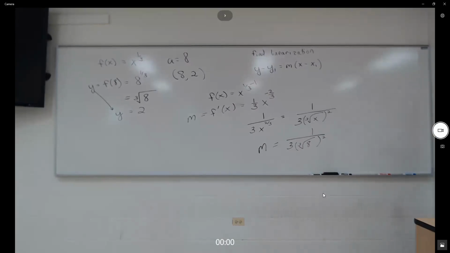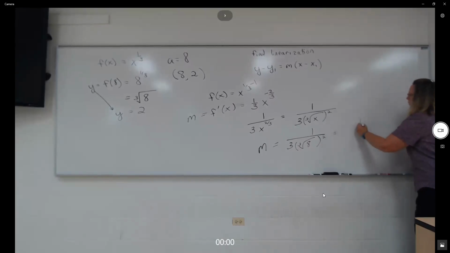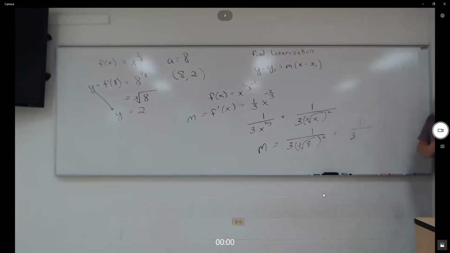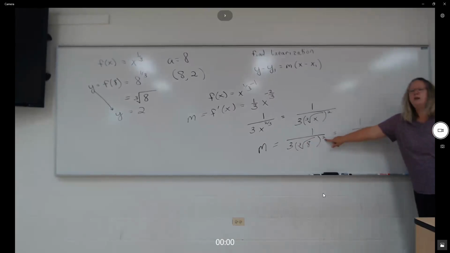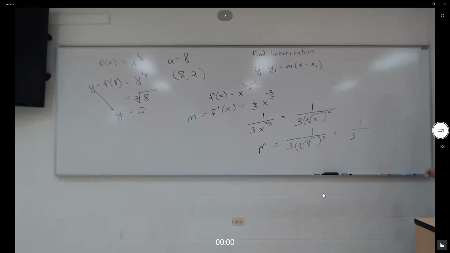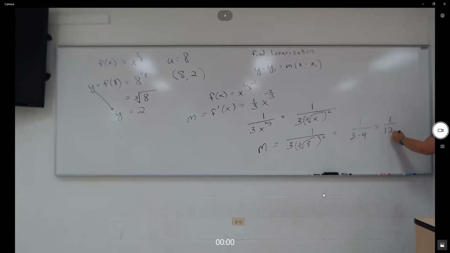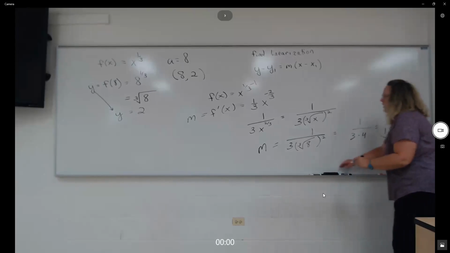All right, so what do we get here? 1 over 3 is going to stay. The cube root of 8 is still 2, and then we just have to make sure we square it. Okay? So 2 squared takes us to 4. So 1. Oh, let's go here. So we got this guy, and then we got these guys.